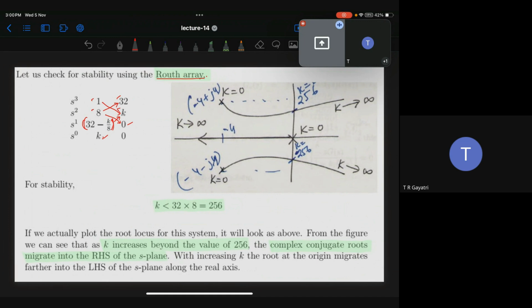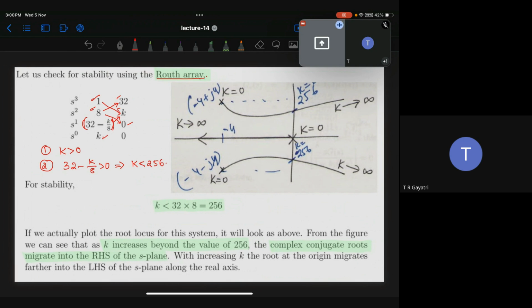Yes, sir. For stability, what is the condition here? Already 1 and 8 are greater than 0, and of these two terms, one term is k greater than 0, the second term is (32 minus k) by 8 greater than 0. It means k is less than 256.